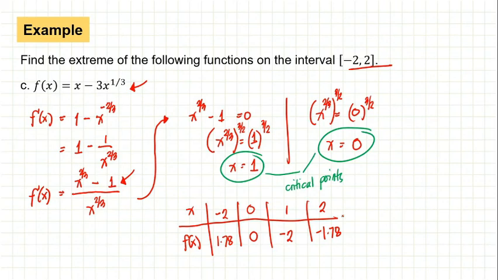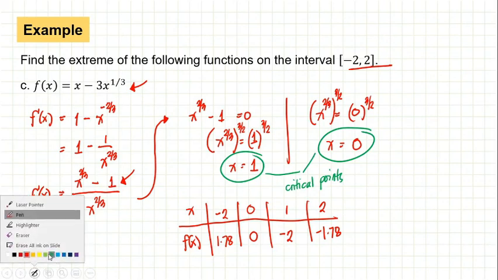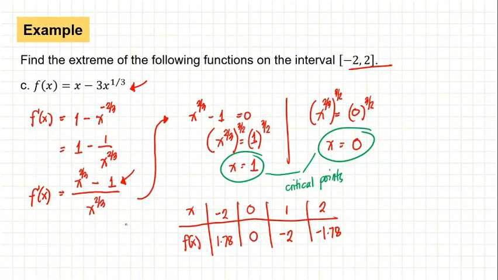So as you can see here, we can now determine the maximum and the minimum value. So first, the maximum will be 1.78 and it occurs at x equal to -2, and the minimum value will be -2 and it occurs at x equal to 1. So this is our maximum and this is our minimum.